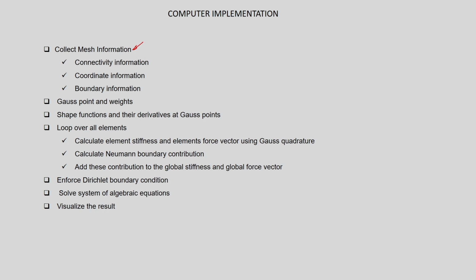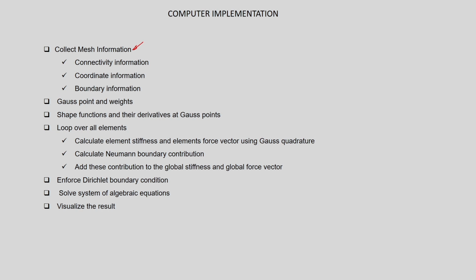We have a domain in 2D, we discretized it using triangular or quadrilateral elements, and then we numbered the elements, and also numbered the vertices of the elements, that is, the nodes, and then we collected the coordinates of the node points. All this information we need to collect in order to give it to the computer program.